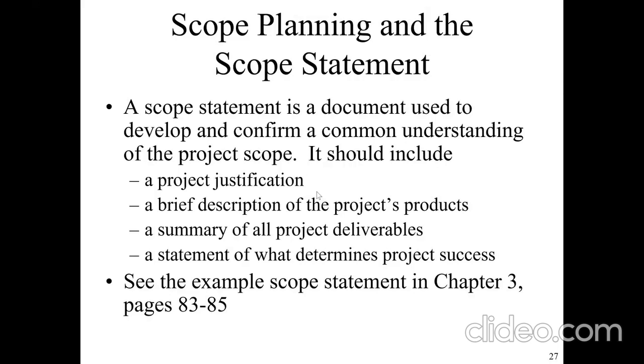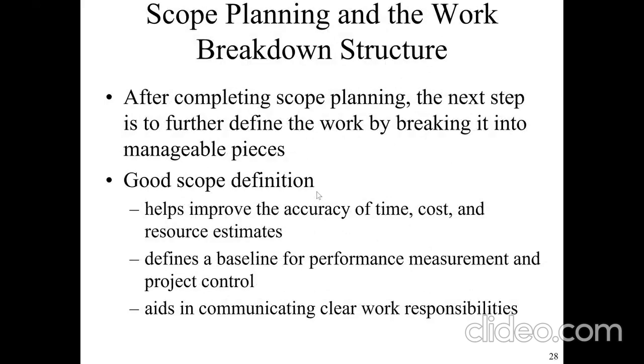When we see this after the completion of the project, we have passed. Once we don't see it, then we know it has failed. And that is what constitutes a scope statement. So we will see an example very soon. Let me see whether the example is here. Okay.